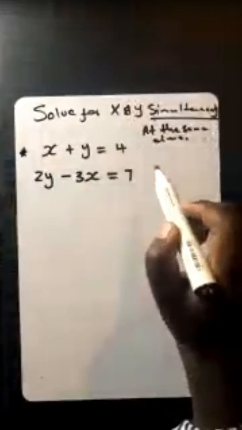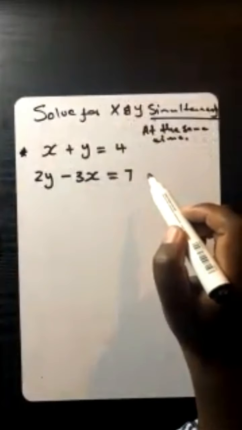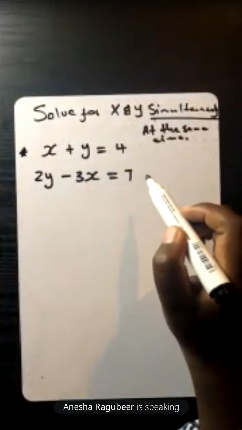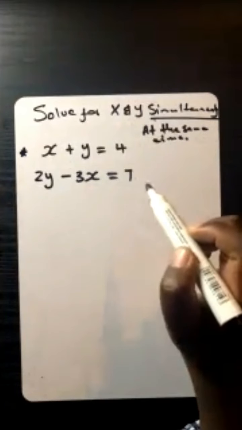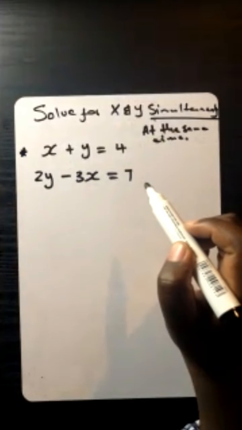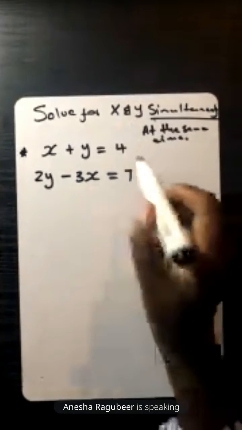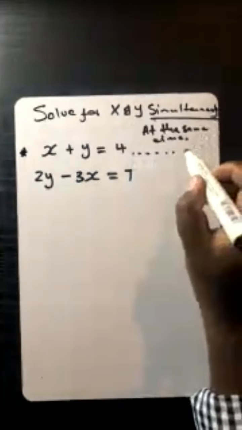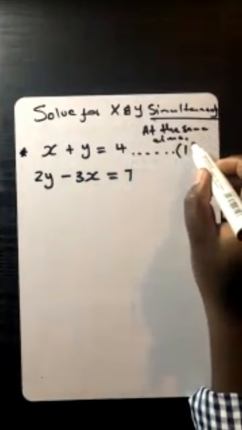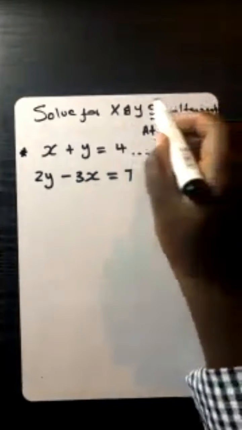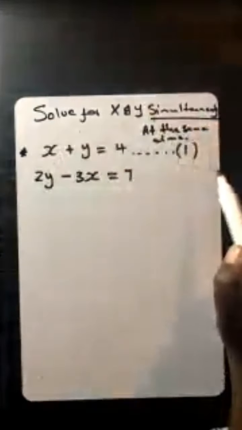So, that first thing, is it an equation or an expression? An equation, sir, because of the equal sign, and we have to solve for the unknown, which is x and y. 100%. So now, because we are solving them simultaneously, we say this is equation number one.